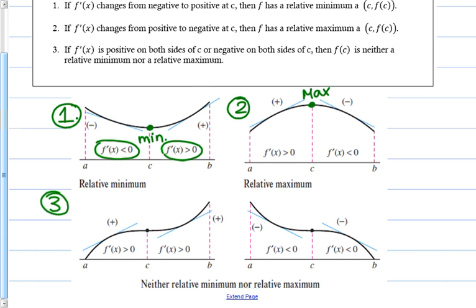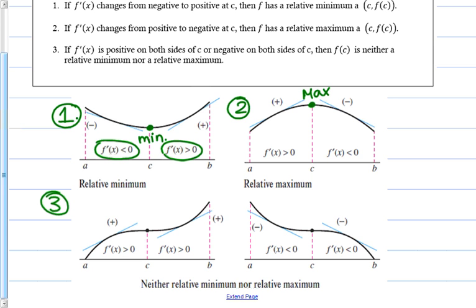If that happens, obviously there is no relative minimum or relative maximum. Okay, remember relative is local. It's like the nearby ones, not the most max or the most min, just the ones that were local.